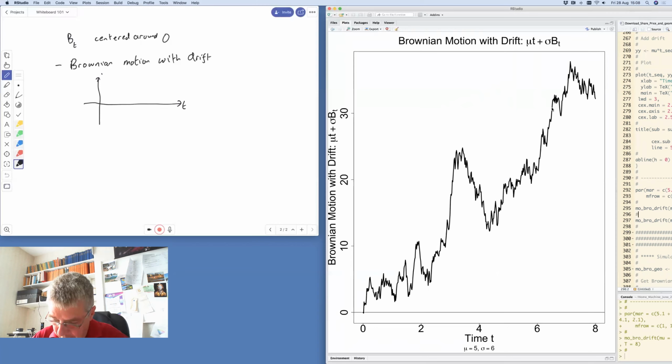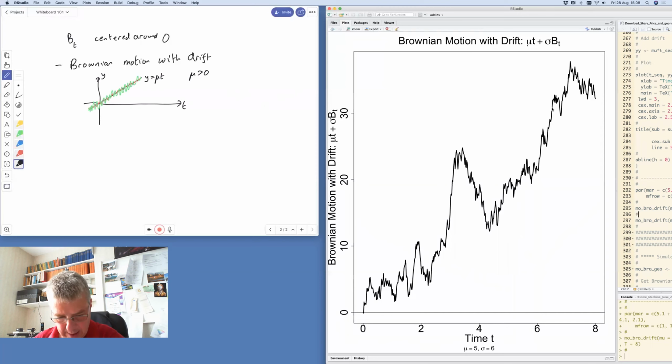So if you like, this is what I'm plotting on the y-axis there. And we have a straight line, and the equation of this line will be y equals mu t. And in that case, mu would be positive. And then we impose around that line a wiggle. And that wiggle is our Brownian motion. In fact, we allow the wiggle to have as much variation as we wish.